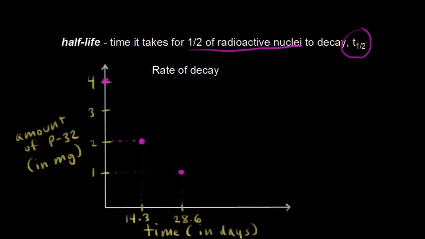Let's wait another half-life. So 28.6 plus 14.3 should be 42.9. So that's our next point. And what's half of 1? It's 0.5, of course. So in here, that's about 0.5. And so it gives us an idea about where our next data point is. And we could keep going, but this is enough to give you an idea of what the graph looks like.